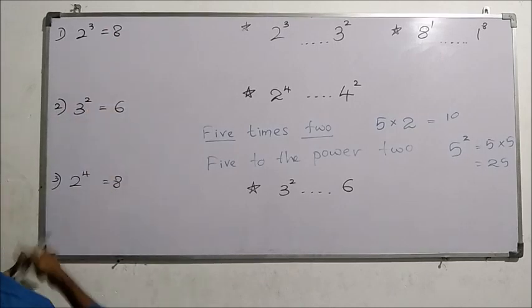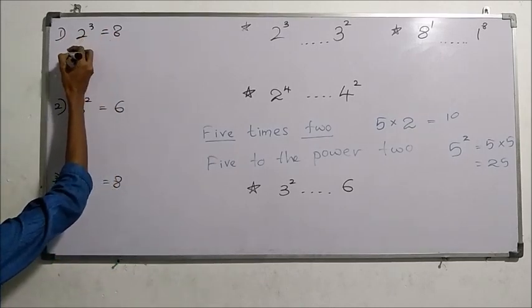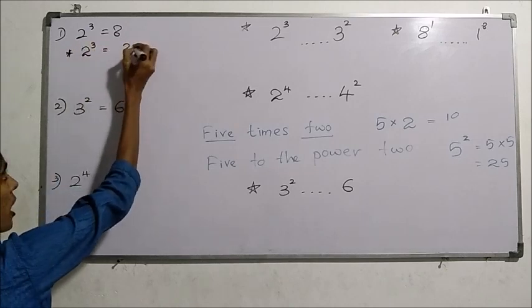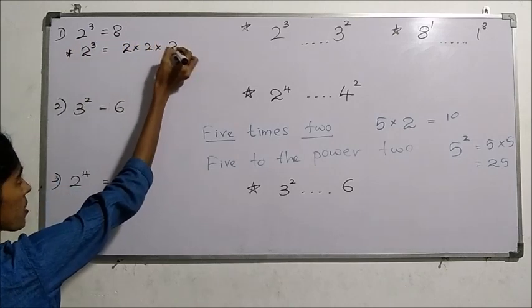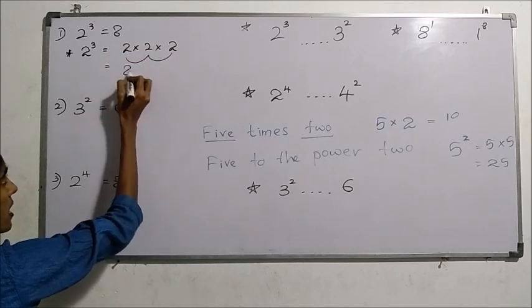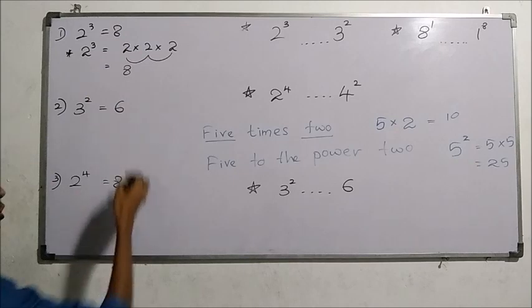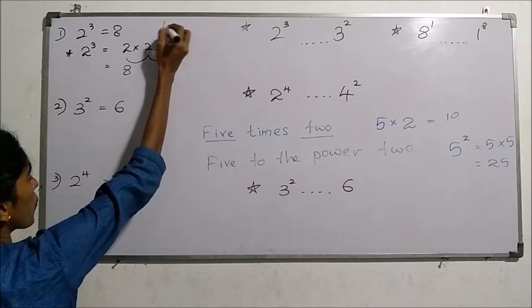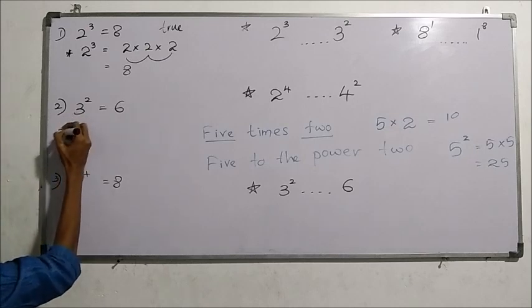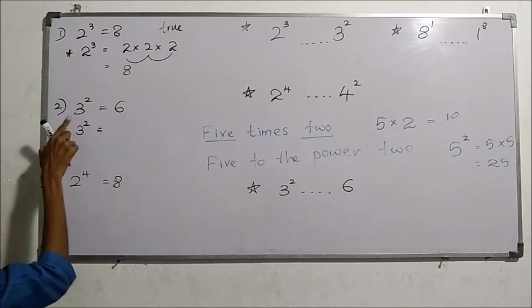On the left side I am taking 2 to the power 3. So I am multiplying 2 by itself 3 times. We will say 2 times 2 is 4, 4 times 2 is 8. The same answer came, so the statement is true. Next, here we will take 3 squared.